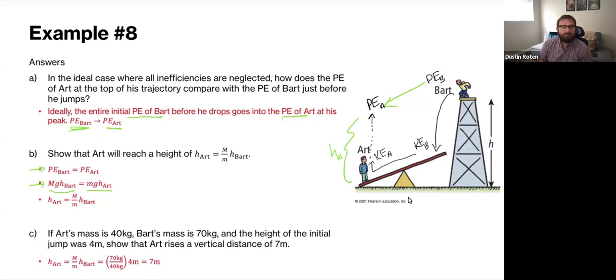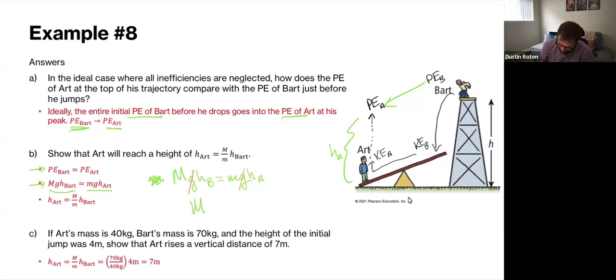Now, just to show what is going on with the math here: big M g h Bart equals little m g h Art. You'll notice that there's a g in both of these, so we can divide both sides by g, which will get rid of that g.